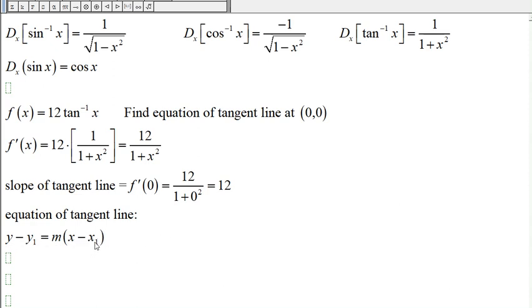And again, x1, y1, that's the point that the tangent line passes through. In this case it is 0, 0. So we have y minus 0, and then the slope of the tangent line is 12, and then x minus 0. So we end up with y equal to 12x.